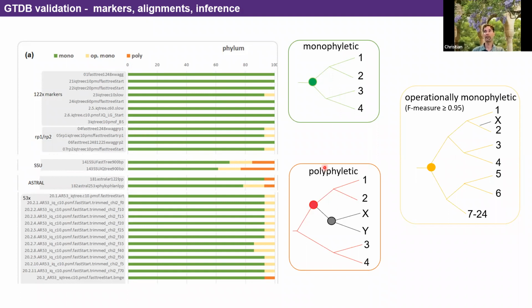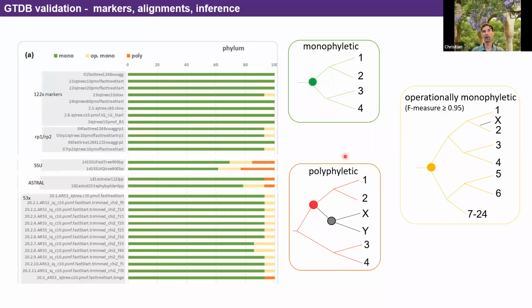Now there are also cases where it stays monophyletic, but a single genome or a very small number of genomes jumps in, and for this we calculate the F measure. If the F measure is greater than 0.95, then we call this operational monophyletic. So there's one case where we have 24 taxa in here, and then an additional one jumps in, so it's still mostly monophyletic with this one exception, and that's why we call it operational monophyletic. Basic monophyletic is what we want, operational monophyletic is what we can live with, and polyphyletic is what we want to avoid.